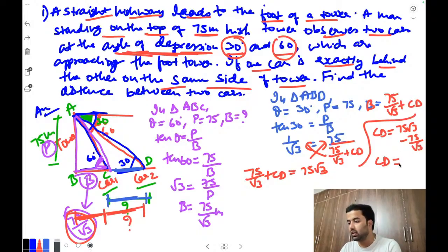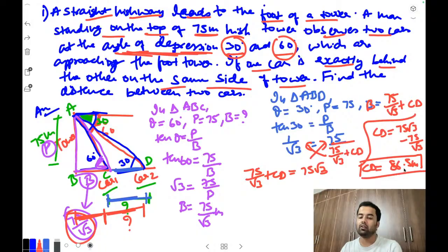After cancellation, you will get the root 3 value again; keep it as 1.73. After keeping that, you'll get 86.5 as the final answer. CD will come 86.5. I had already solved it. Just continue, keep the root 3 value as 1.73.